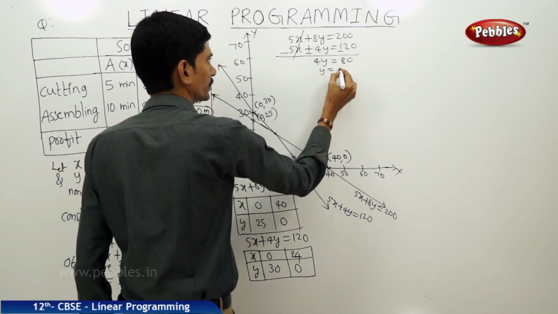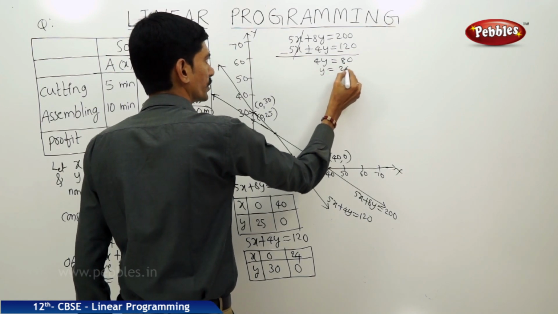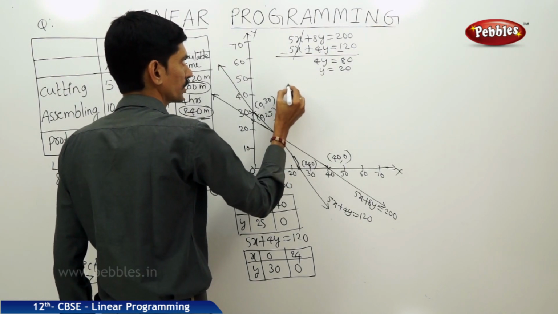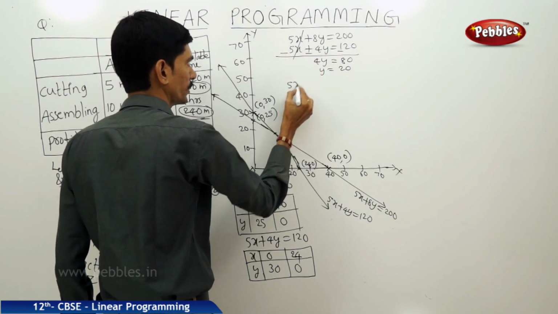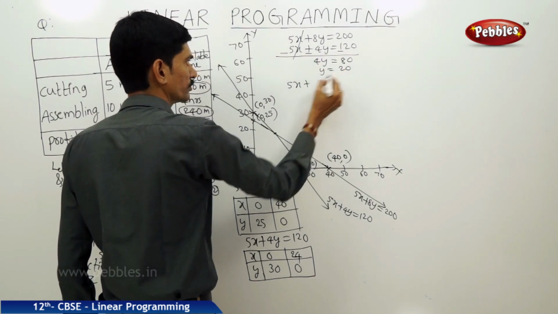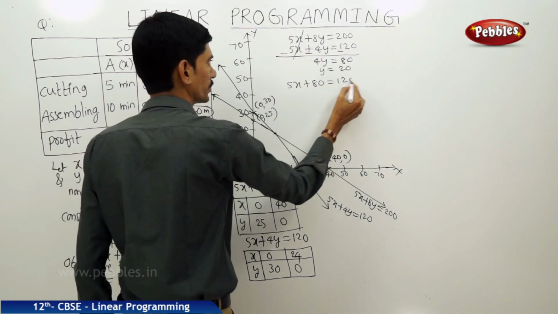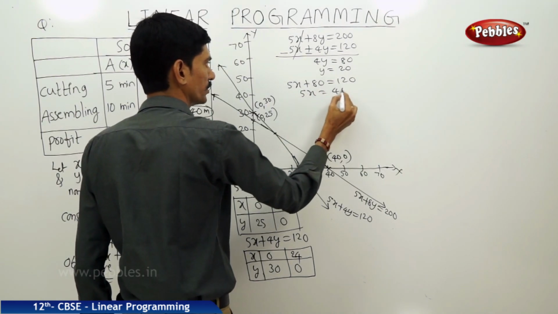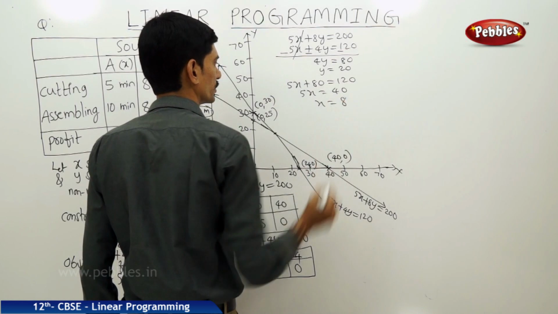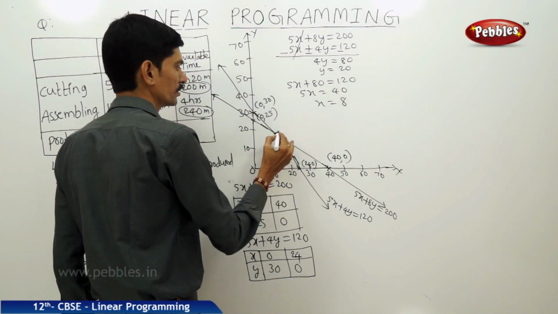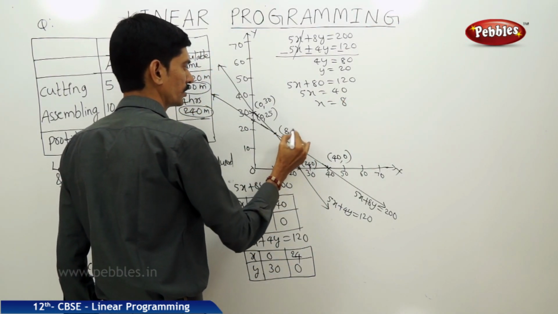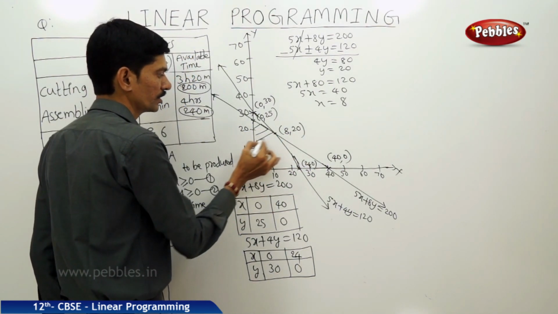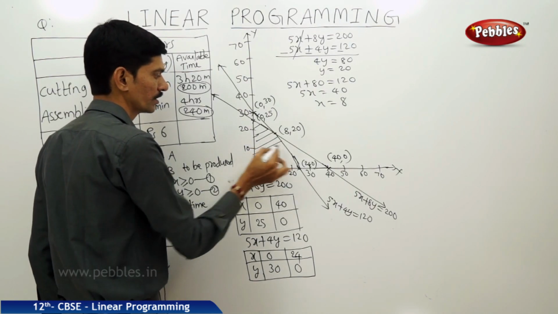Then y value is 80 by 4, 20. Then let us substitute y value 20 in the second equation. 5x plus 4y, 4 into 20, 80, equal to 120. Then 5x equal to 120 minus 80, 40. And x equal to 8. So then this is 8, 20.